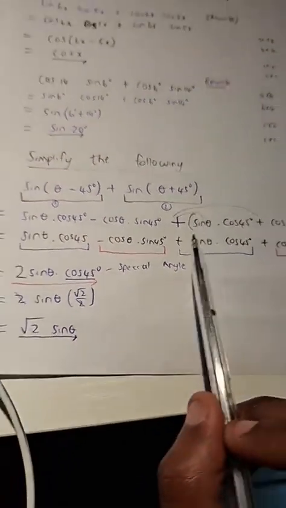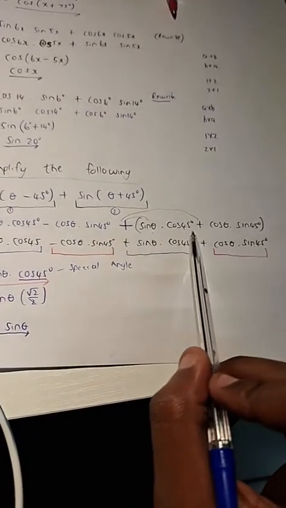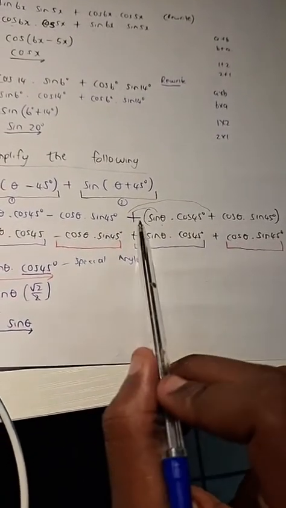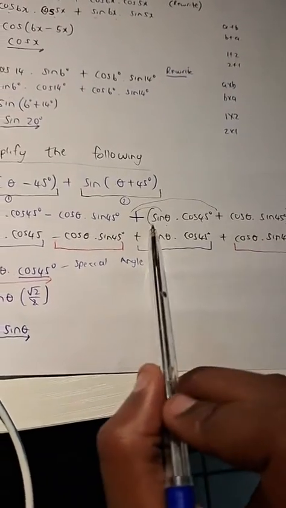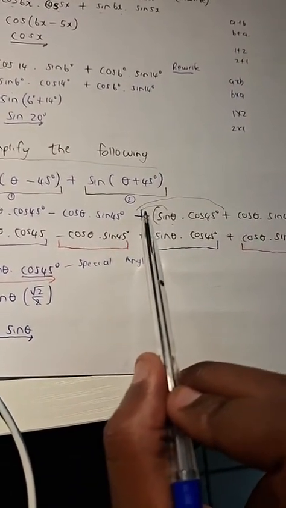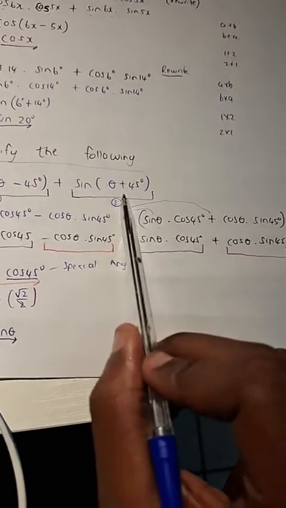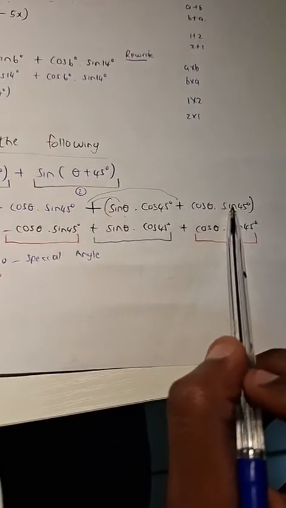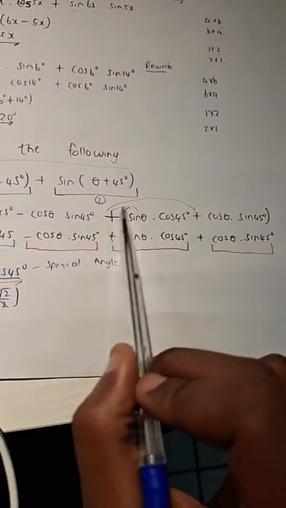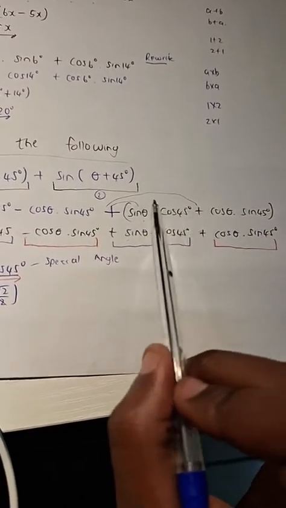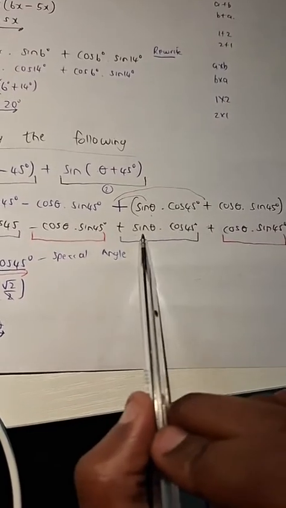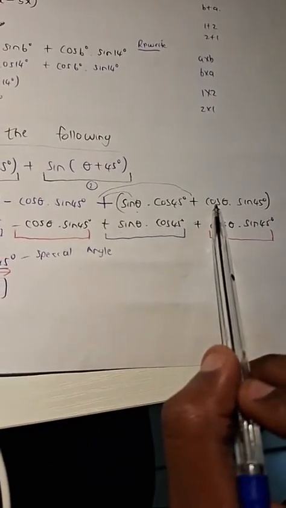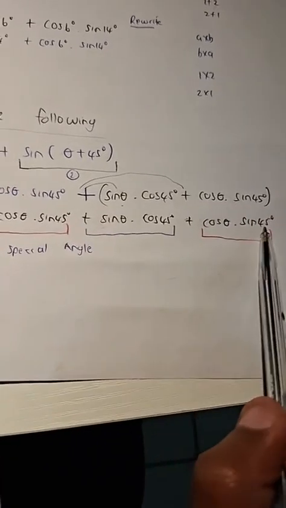Then what do we do after that? We distribute the plus sign inside this bracket so that it removes the bracket. Please make sure to always put brackets, guys, if there's a sign preceding an expansion that you've just done, because this plus sign will go into the bracket, distributed to the 2 terms. This term remains positive, that term, a positive times a positive, remains positive.